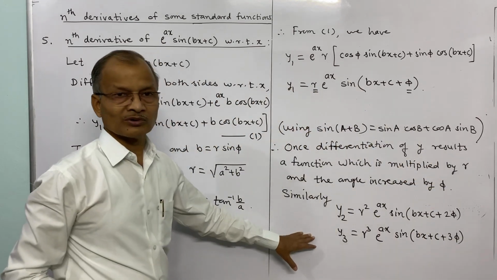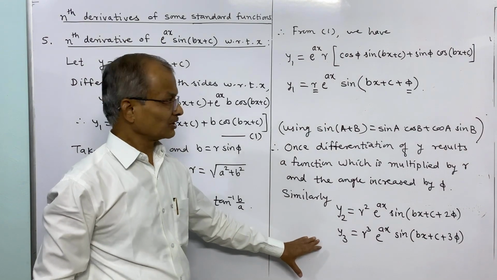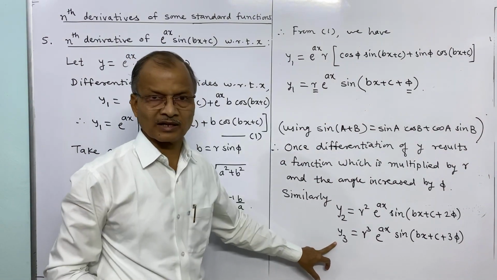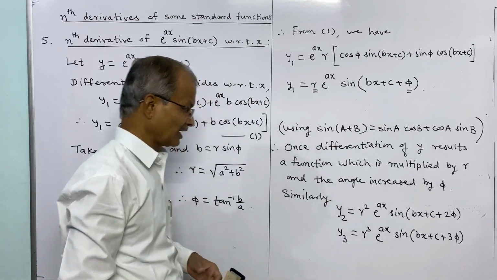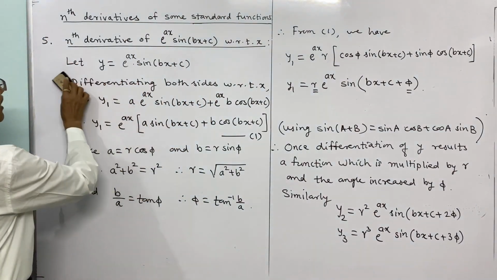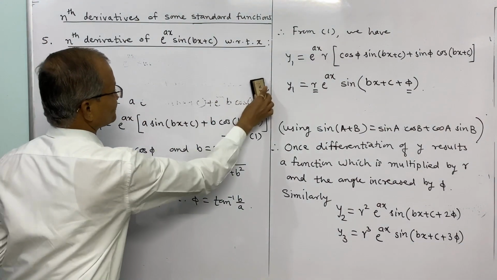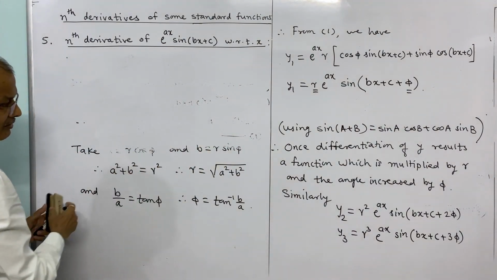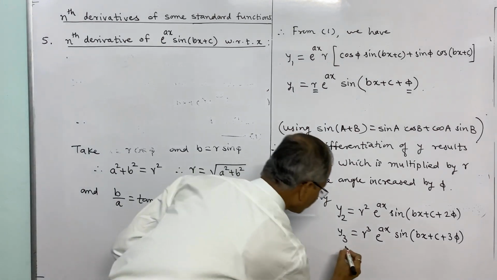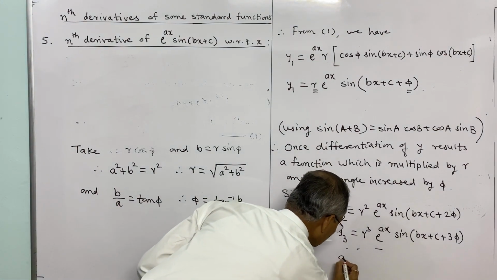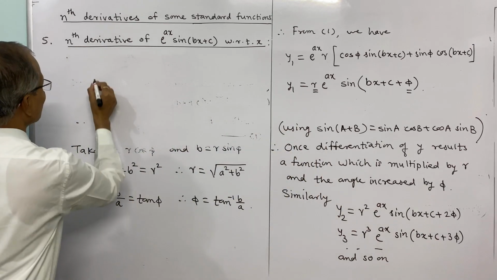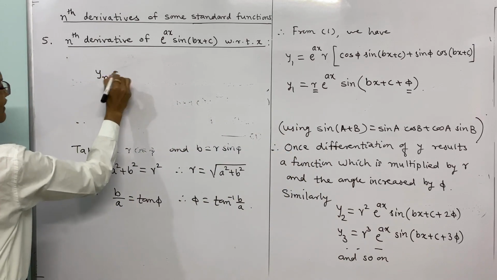Now we came to know the pattern of the differentiation. Y1 is this one, y2 is this, and y3 is like this, and so on. What will be yn? That we shall guess. Yn is the nth derivative of y.